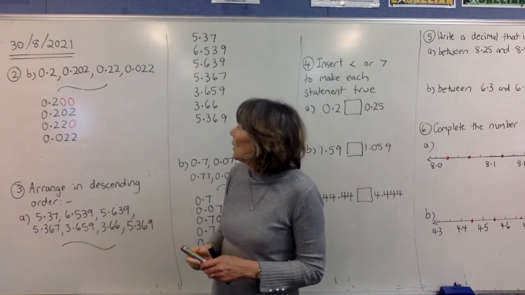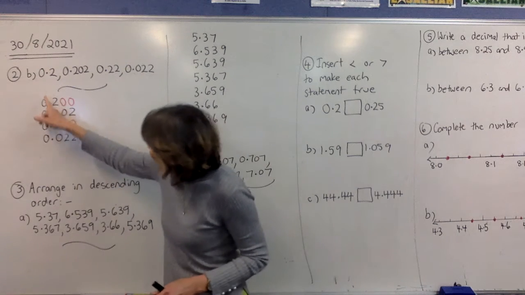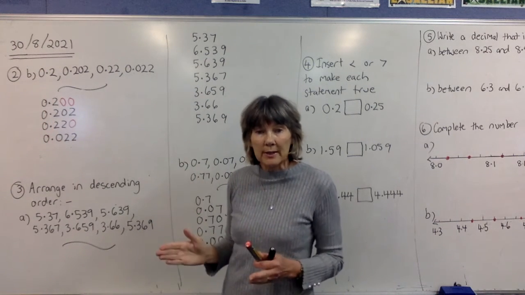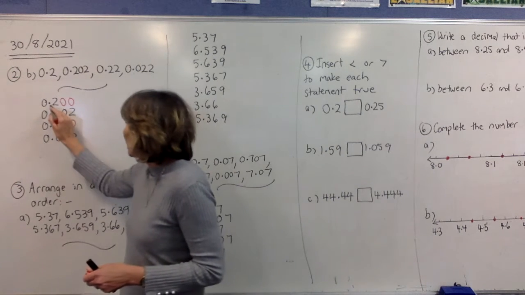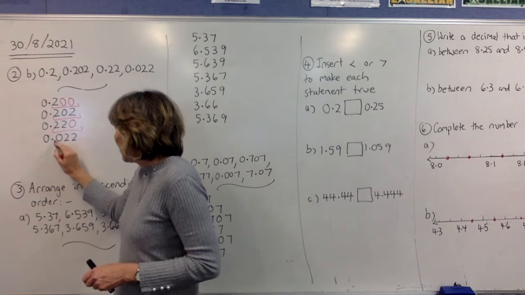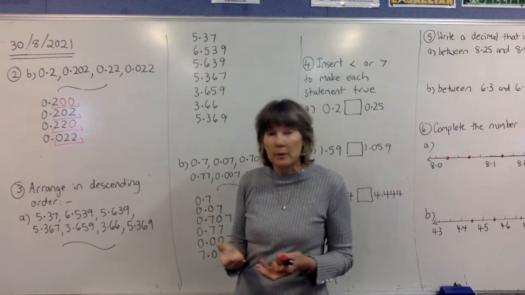So now we're going to try and put these in order. We've got zeros at the beginning before the decimal point, so they're all the same. Then we can just concentrate on what's written after the decimal point. So really we're looking at these 3-digit numbers and putting them in order.